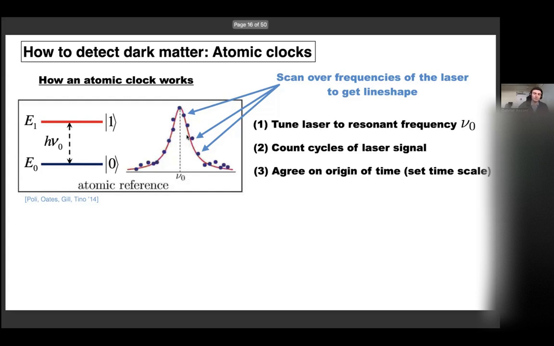Well, it's essentially what I just said: you scan over these frequencies and you try to tune your laser to exactly the resonant frequency used to excite your electrons. Then you count cycles of the laser signal, which has the correct frequency corresponding to a specific atom. Then you set the scale, and you say you have a clock. There you go.